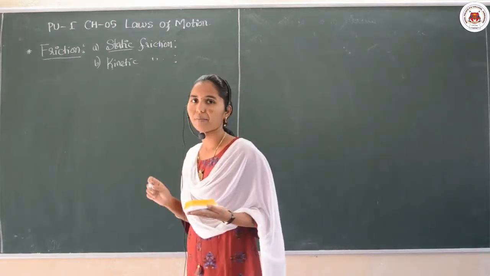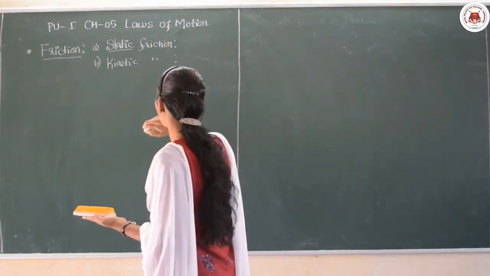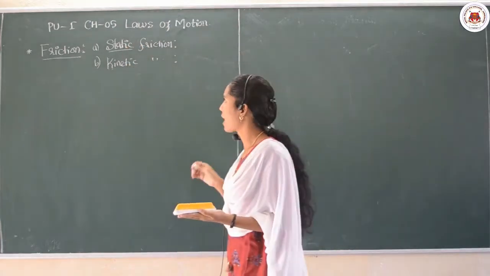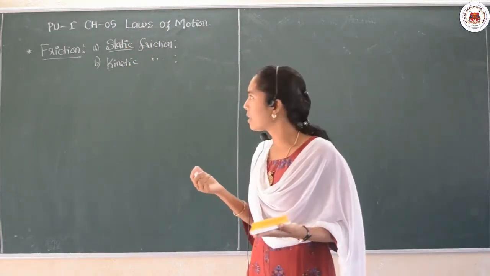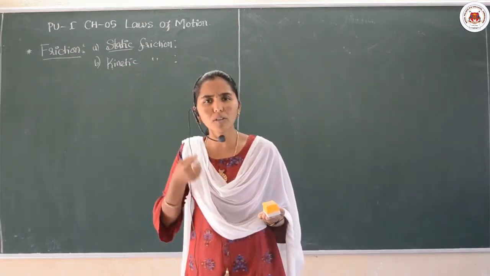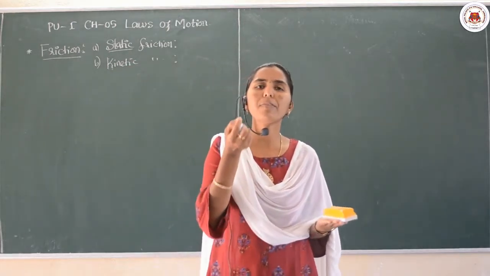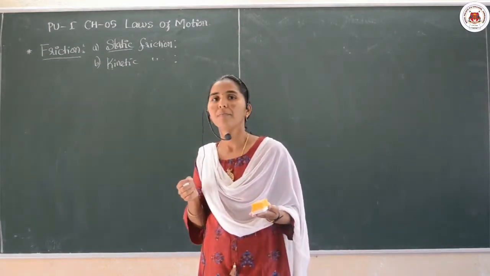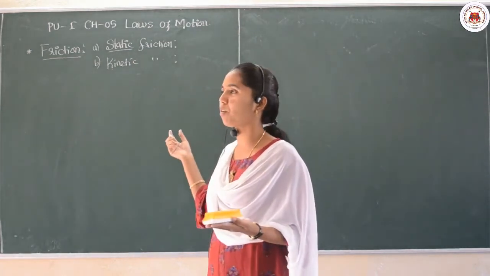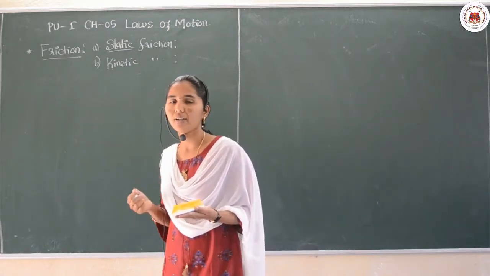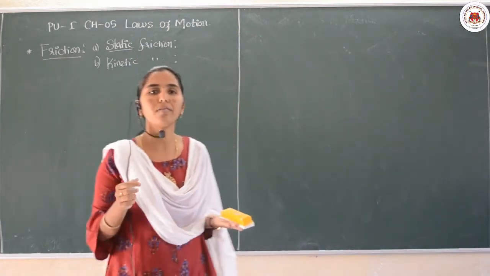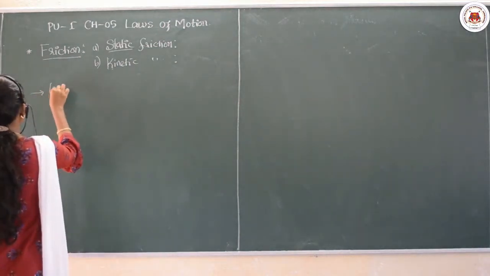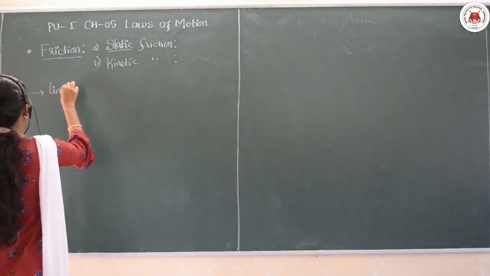Like this, the friction between the two bodies when they are in relative motion is called kinetic friction. Okay, and see dear students, between static and kinetic, when a static friction is there and the kinetic friction is about to exist, by that time there is a maximum limit for the static friction. That maximum limit we call the limiting friction.